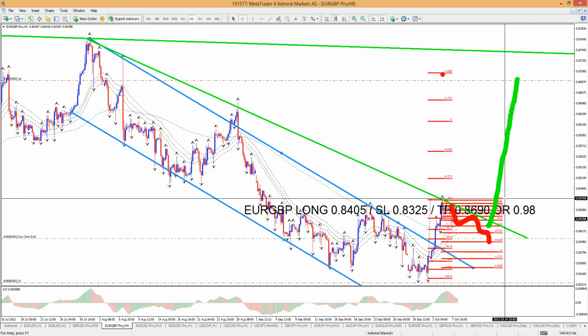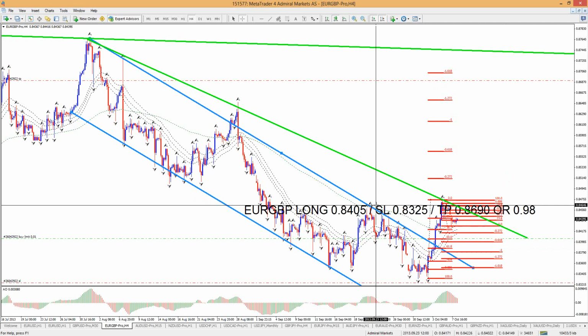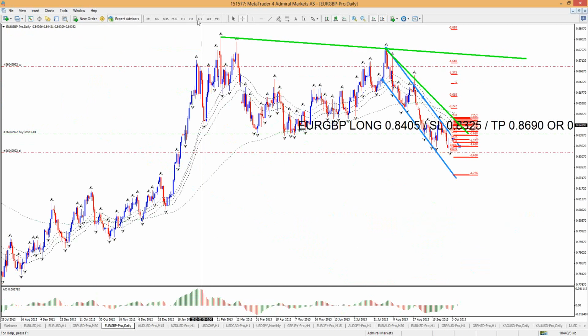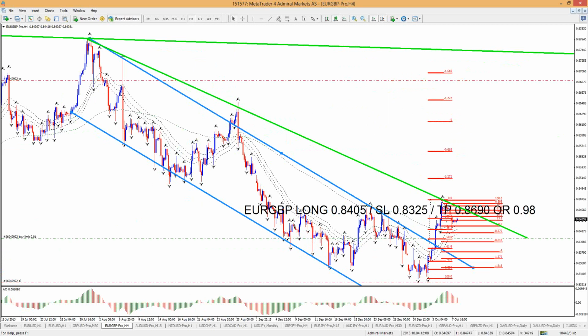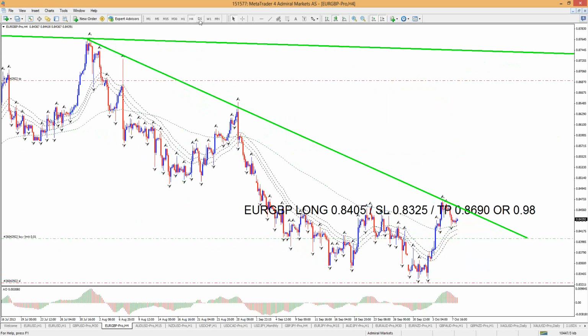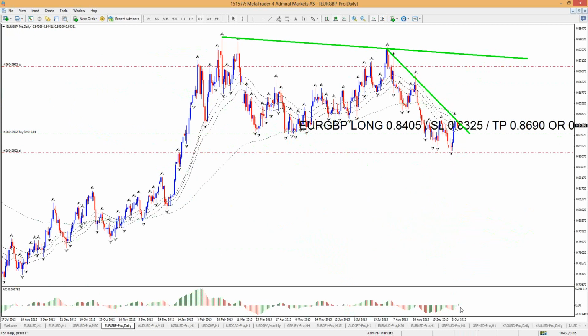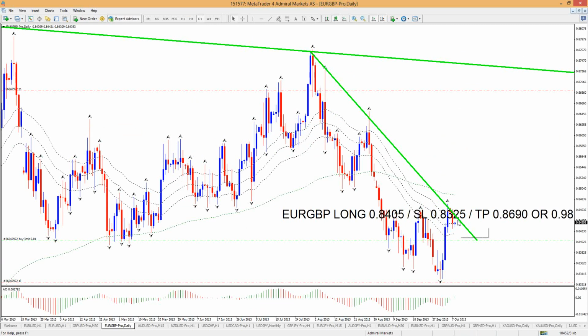So the shorter 87, I think, should be completed by probably the end of next week at the moment. Roughly, it's difficult to tell. I have too many fibs. One second. Yeah, roughly end of next week, maybe the week after.